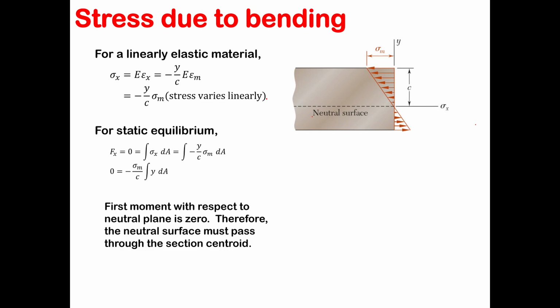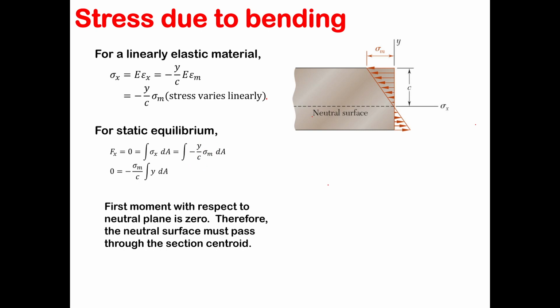So let's go back to the static equilibrium equations we had in the previous slides. The sum of forces in the x direction is going to be equal to 0, which means that the integral of sigma x dA must be equal to 0. We can replace sigma x dA with this, which means that we can take all of these out because these are all constants for each beam, right?